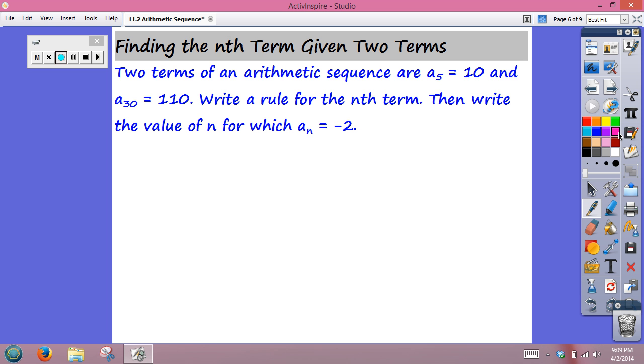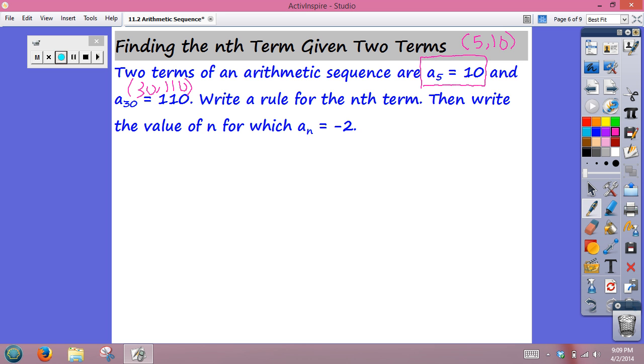We want to find d, so how did we find m? Well, we found our slope by using a slope formula. So what we can do is take the two terms that we know and write them in coordinate form. a5 equals 10 and a30 equals 110. Now we have two coordinate points.